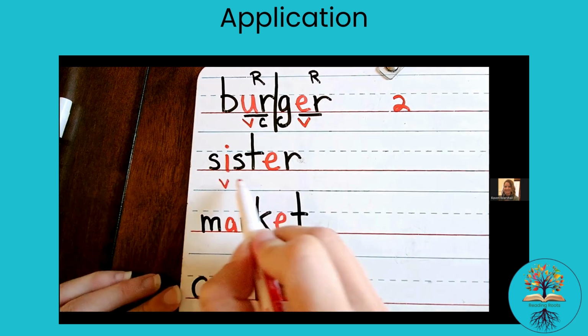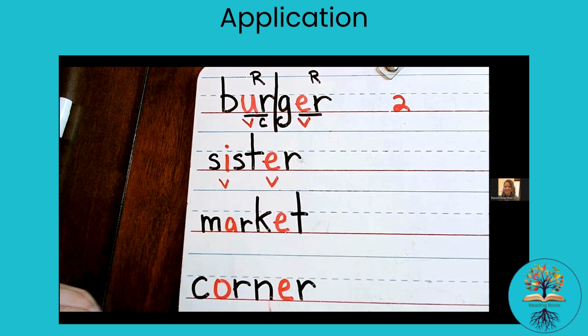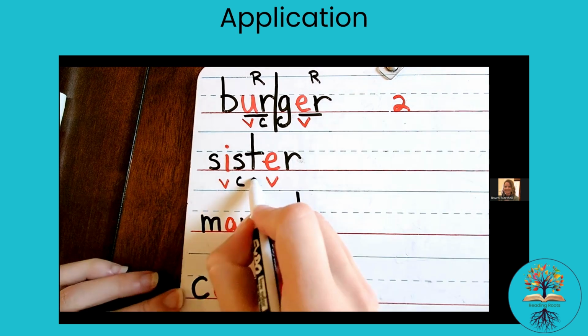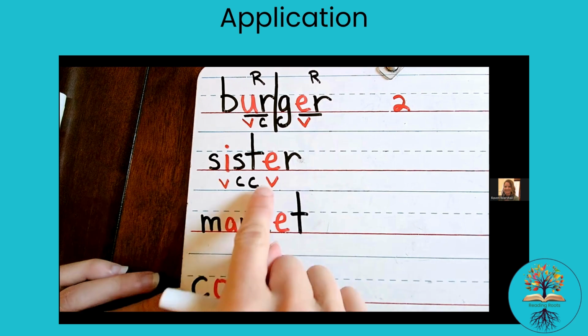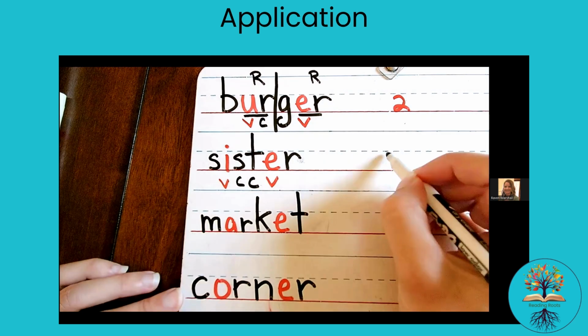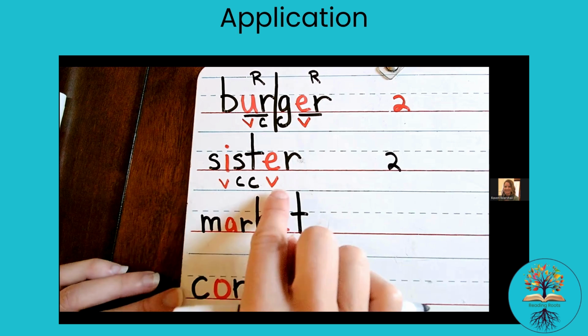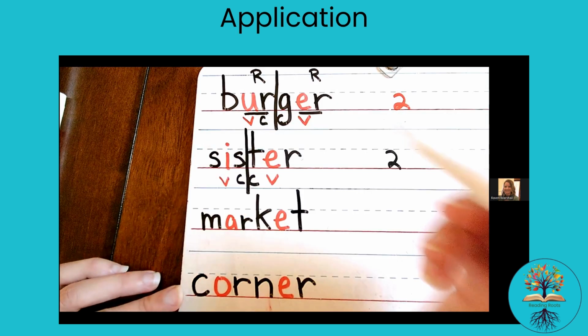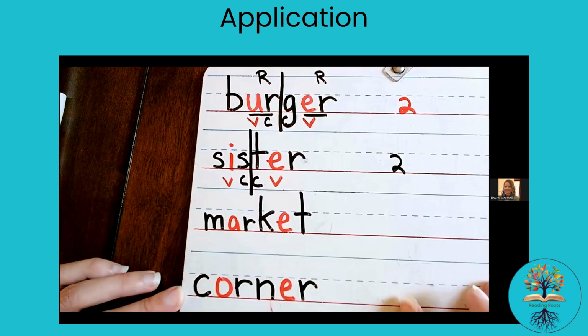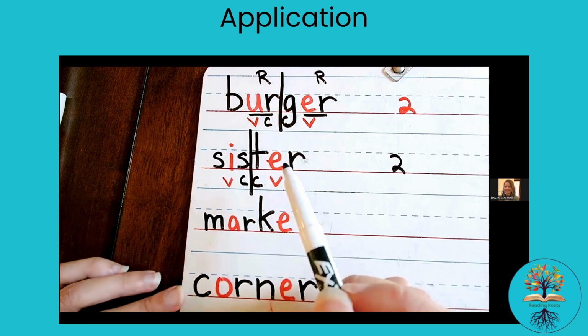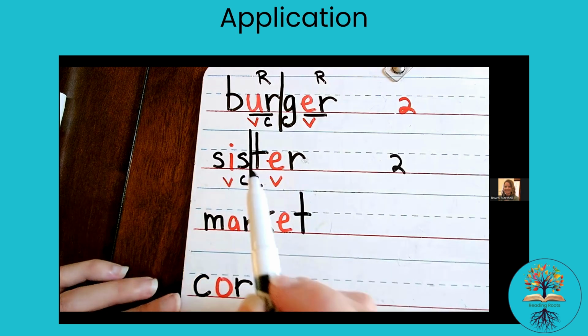I'm identifying my vowels, identifying my consonants. I notice I have two vowels, so I'm going to have two syllables. When I have this type of pattern, I'm going to divide it between the two consonants. Is the first syllable open or closed? It is closed.